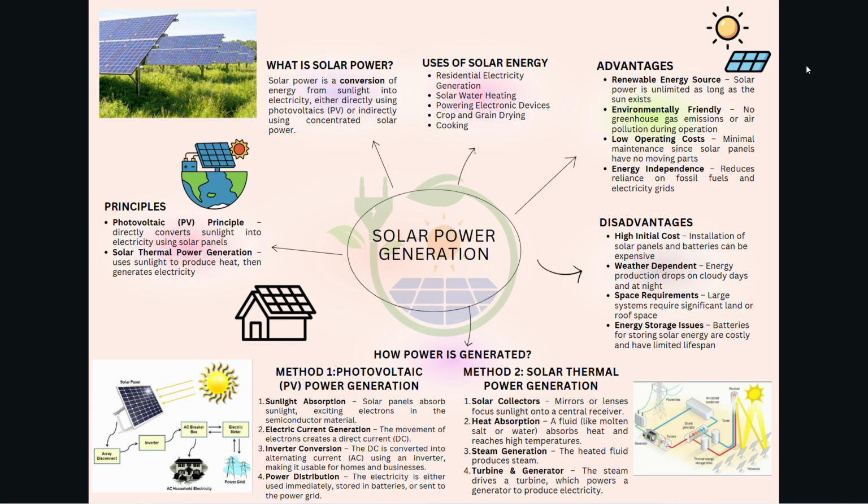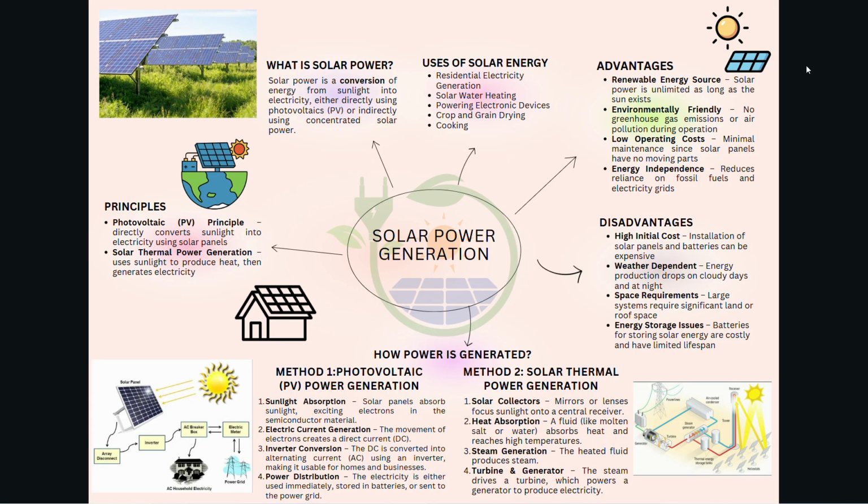Step 2 is electric current generation. The movement of electrons creates a direct current (DC). And the third step is inverter conversion. The DC is converted into alternating current (AC) using an inverter, making it usable for homes and businesses.